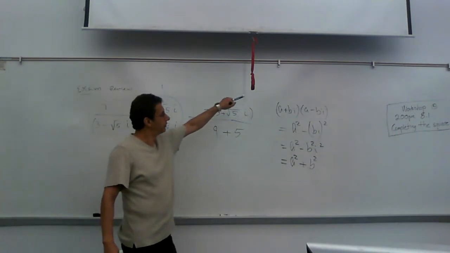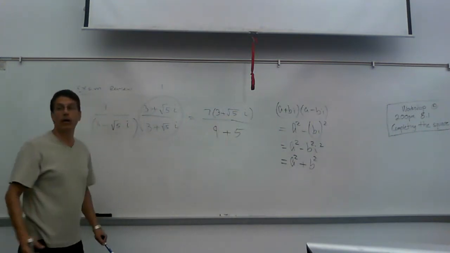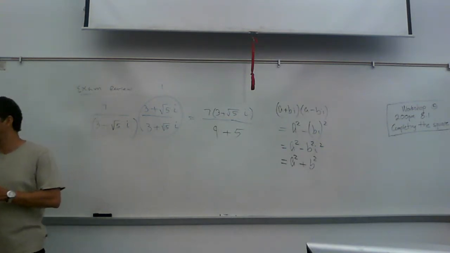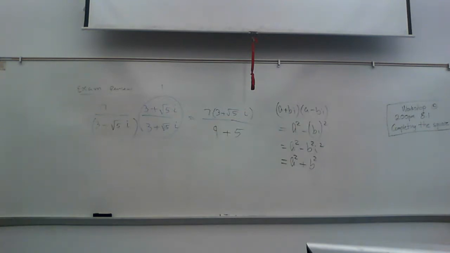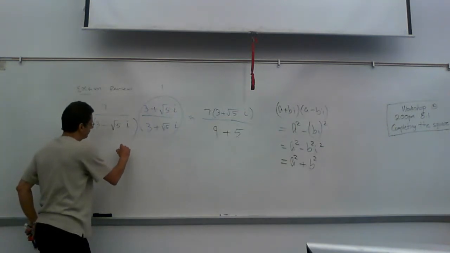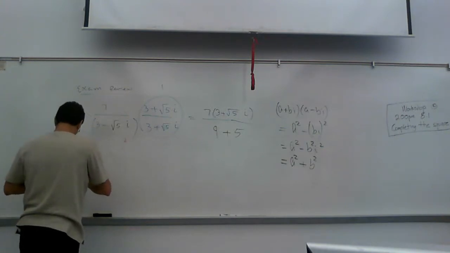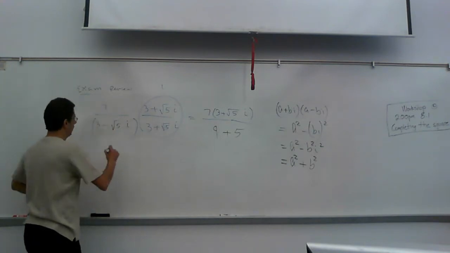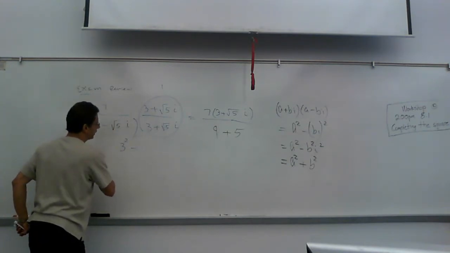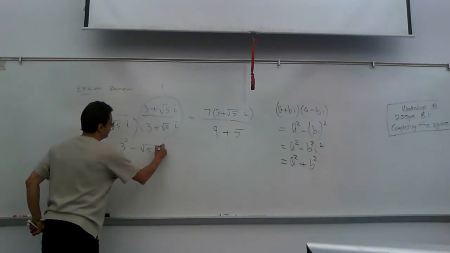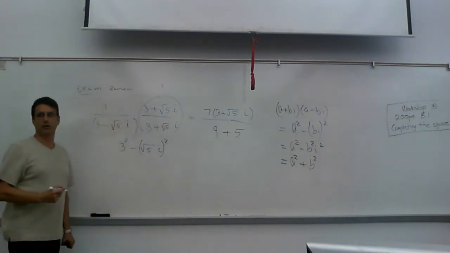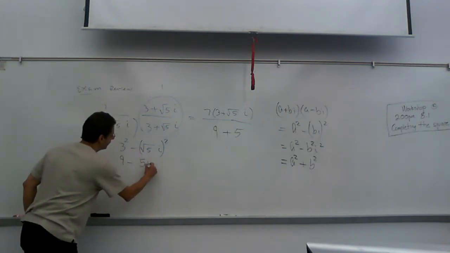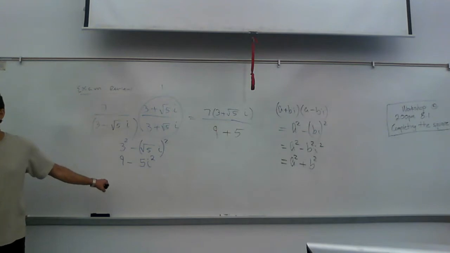And here's the proof. Or do the foiling, which is not a good idea. Or instead of foiling, actually you may do just a squared, this is first, a squared minus b squared, which gives you 9 minus 5i squared, isn't it?